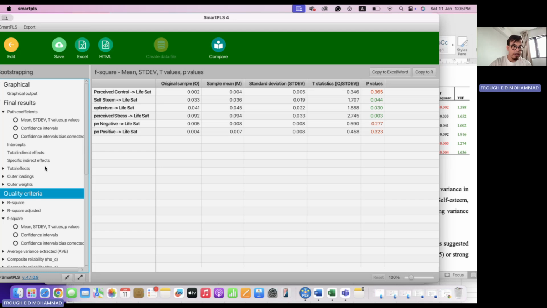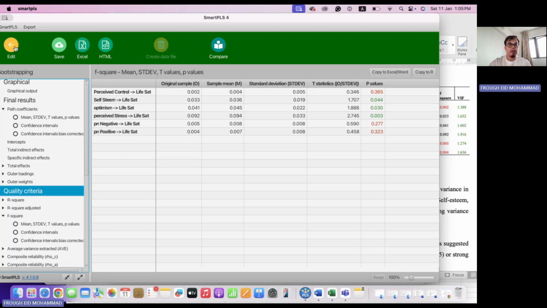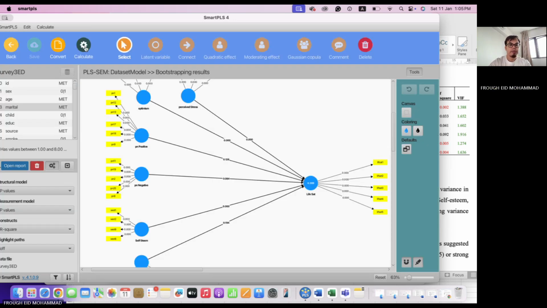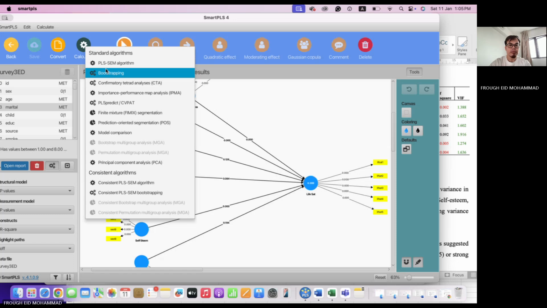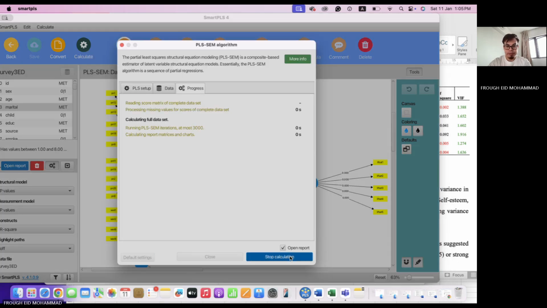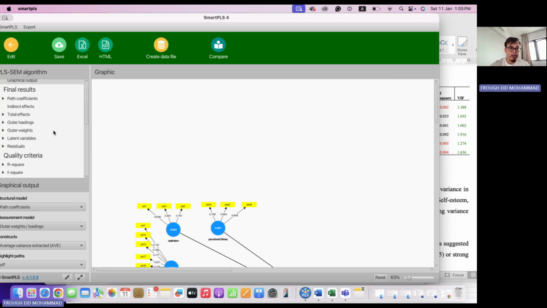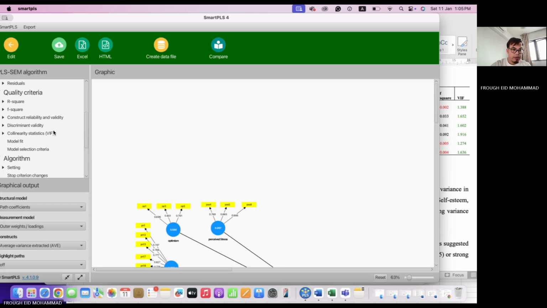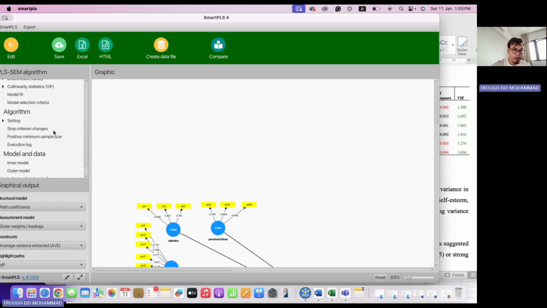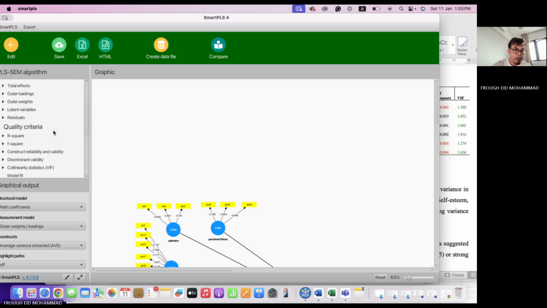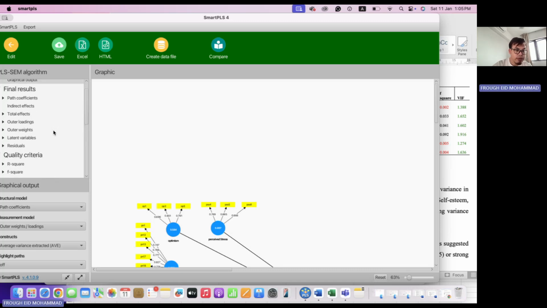So the next one, here I go back to the PLS algorithm. Okay. And the value that I need from here is the... oh no, that is not here.